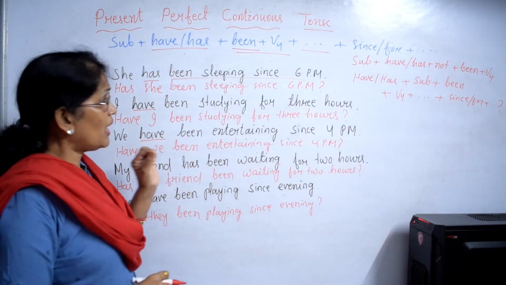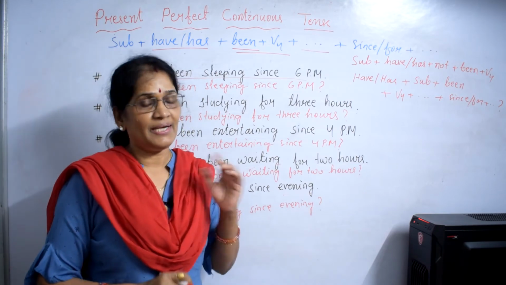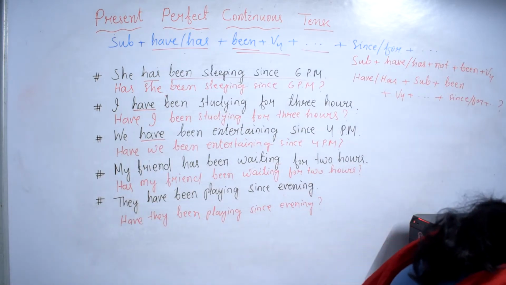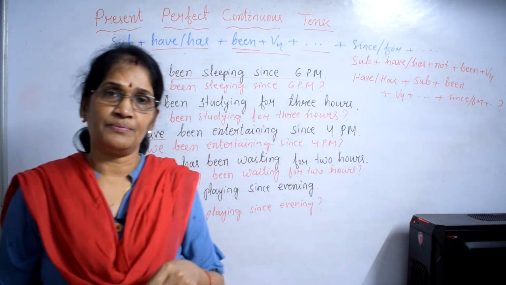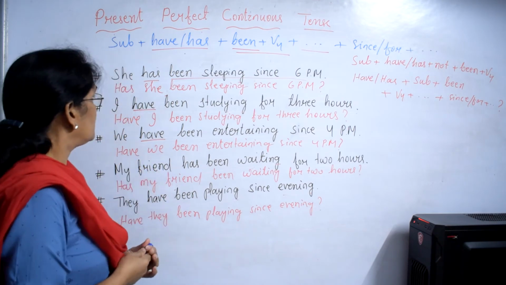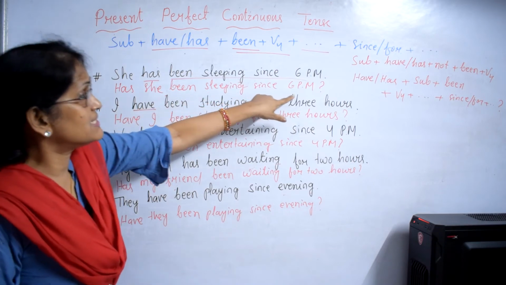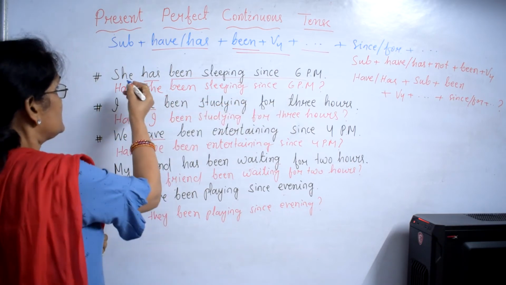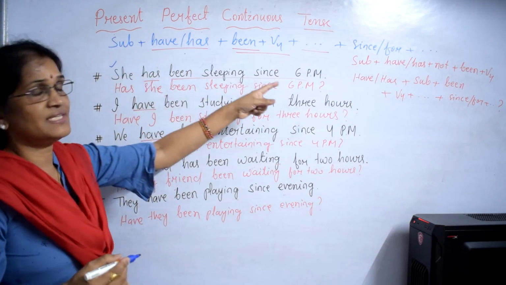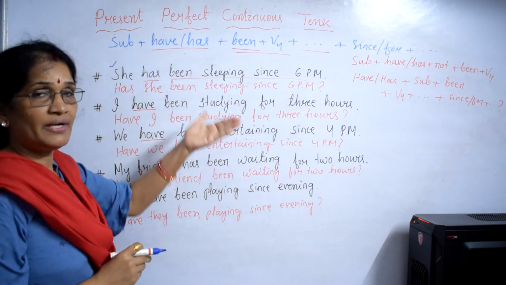Now, we have to see how to change the sentence into negative and interrogative. Negative interrogative means the sentence will be changed into interrogative with negative. So, we have to add the word not there. The sentence is: she has been sleeping since 6 p.m. Change the sentence into negative and interrogative.